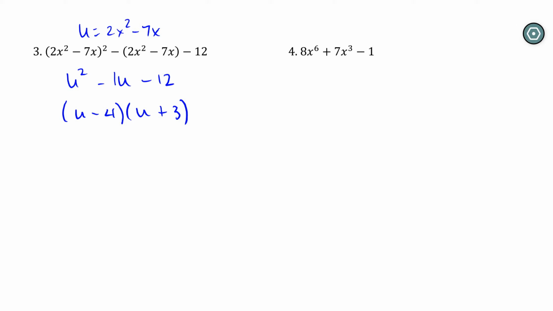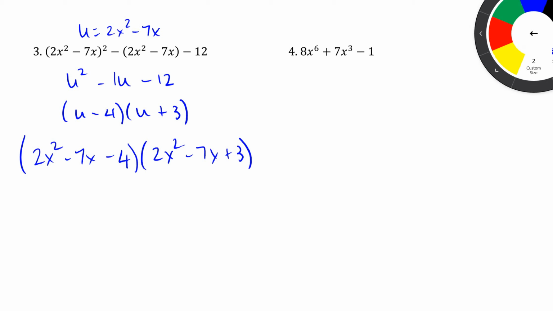All right, so now that I have this factored, I can replace the u's with 2x squared minus 7x. So this is going to become 2x squared minus 7x minus 4 and 2x squared minus 7x plus 3. Notice both of those expressions have a coefficient greater than 1, so we're going to use the AC method.